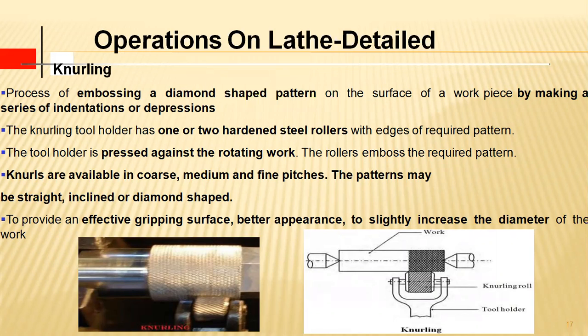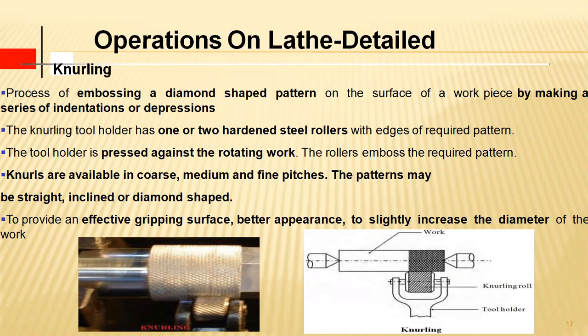Basically, this can be done with grading systems, that is medium, low, and high pitches. Even these patterns can have straight line cuttings and inclined cuttings. This we use to refer to bevel patterns and even diamond shaped conditions.